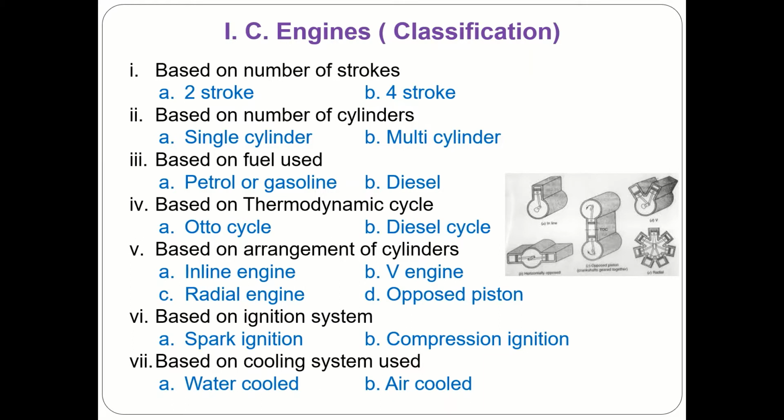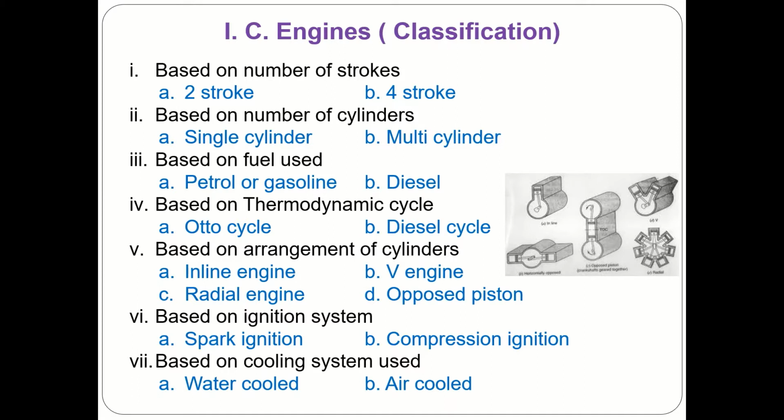Then you can categorize engines based on the fuel used, as petrol engine or diesel engine. Petrol is also called gasoline. You can also use CNG, LPG in petrol engines. So these are the two categories based on the fuel used. Then you can have a thermodynamic cycle as Otto cycle or diesel cycle. The Otto cycle is used in case of petrol engines and the diesel cycle in case of diesel engines.